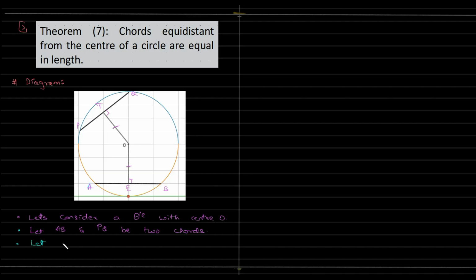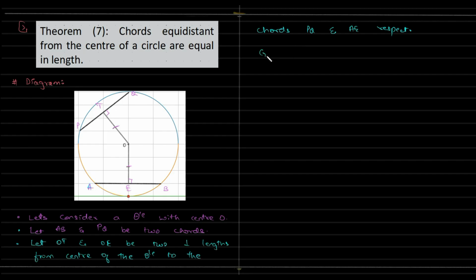Then let OT and OE be two perpendicular lengths from the center of the circle to the chords PQ and AB respectively. Okay, I hope it makes sense.